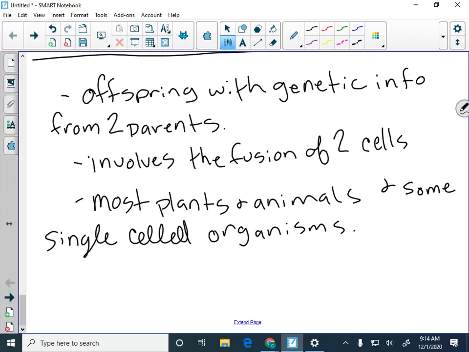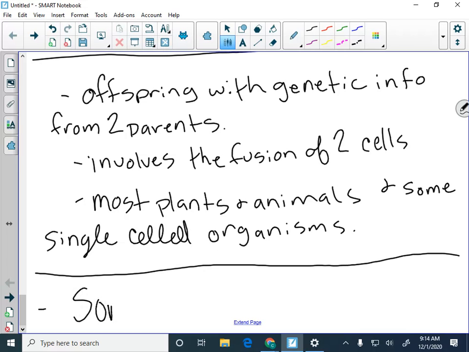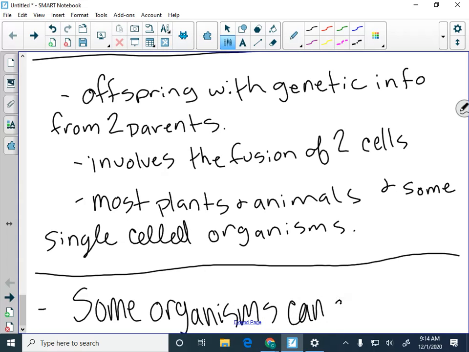So, we've got sexual and asexual reproduction. Some can do both. Yeast cells are a big example of that.